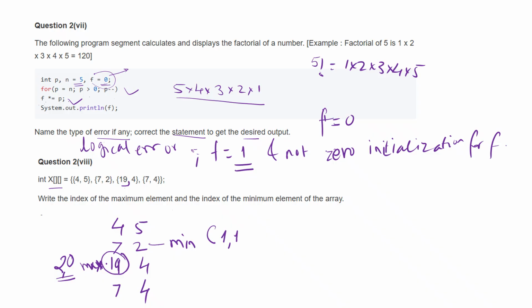Row number 0, row number 1, row number 2 and row number 3, and these are my columns 0, 1. So for the maximum element, my index should be 2, 0 and for the minimum it will be 1, 1.